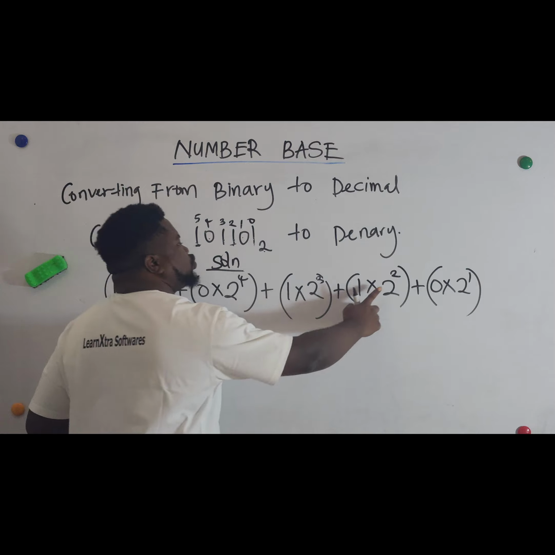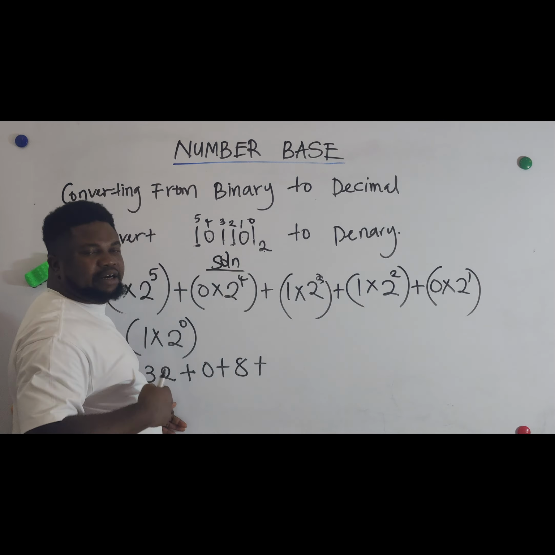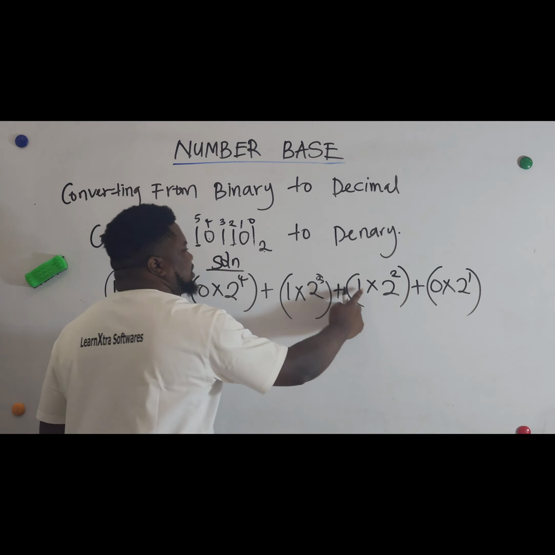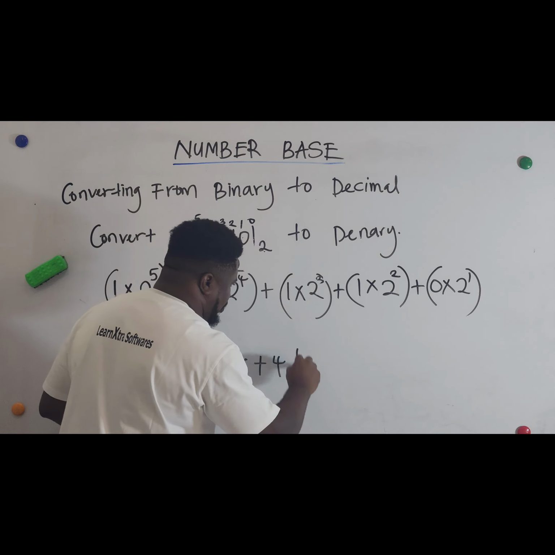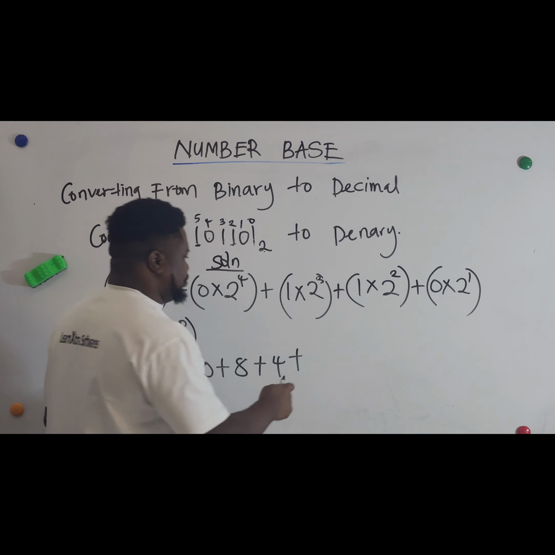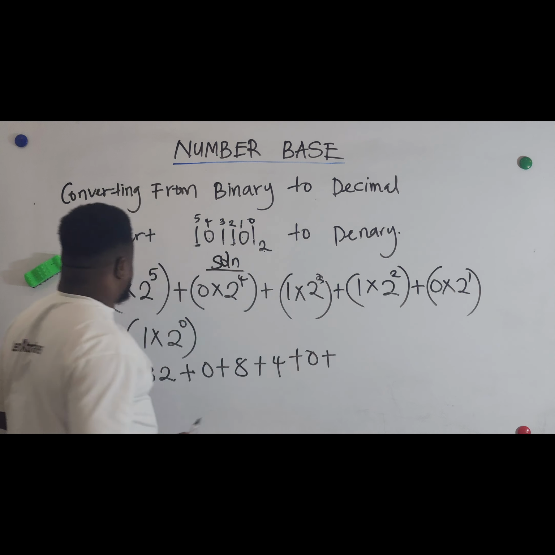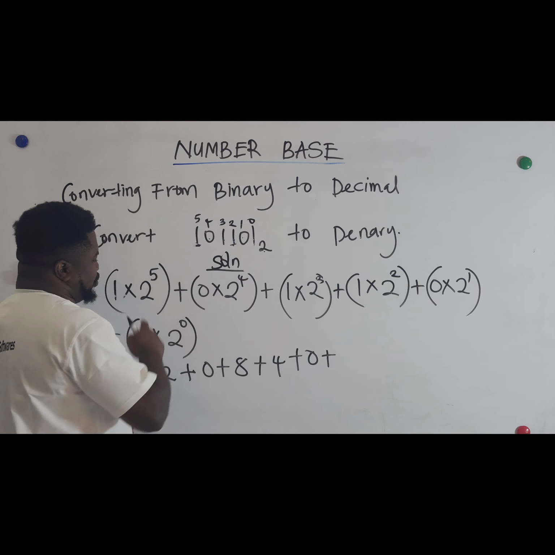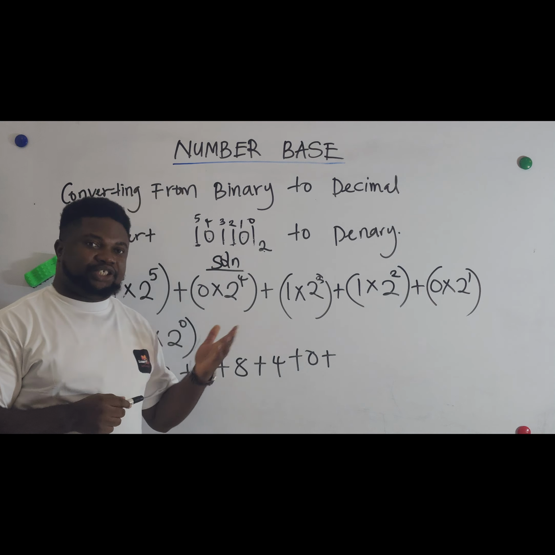Plus 2 power 2 means 2 times itself, that's 4. 1 times 4 is 4. Plus 0 times anything is 0. Plus 2 power 0, anything power 0 is 1.